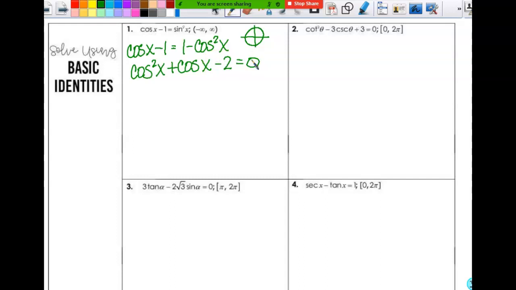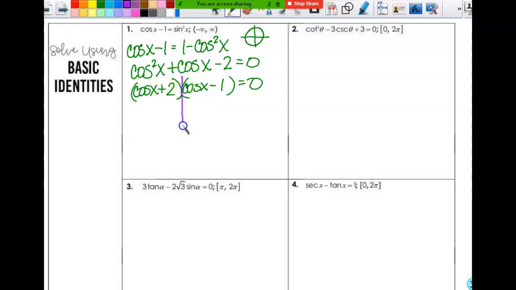That's something I can factor. When I factor these, this is going to have to be cosine x, cosine x. This is negative, so the signs are opposite. This is positive, so the 2 has to be positive, and the 1 is negative. And it's factored. Okay?